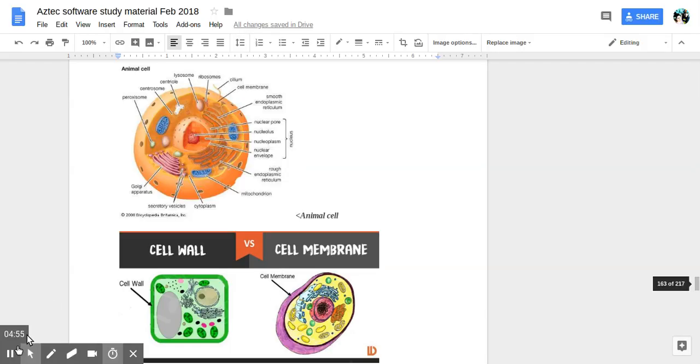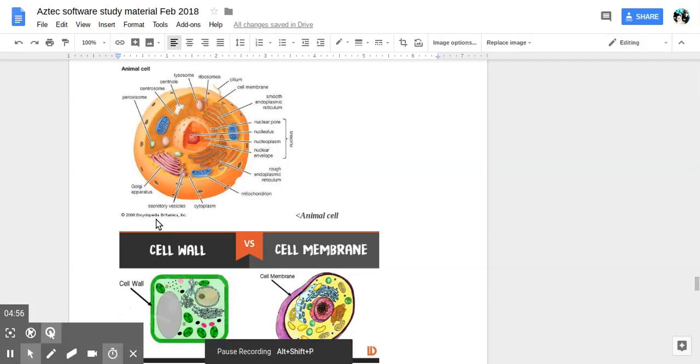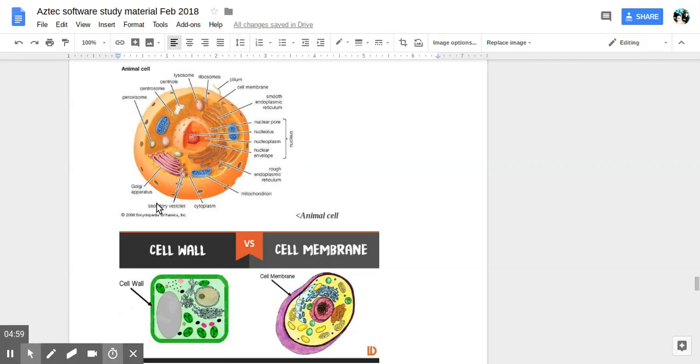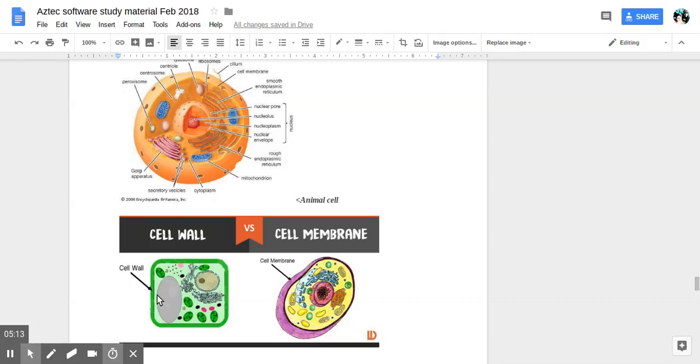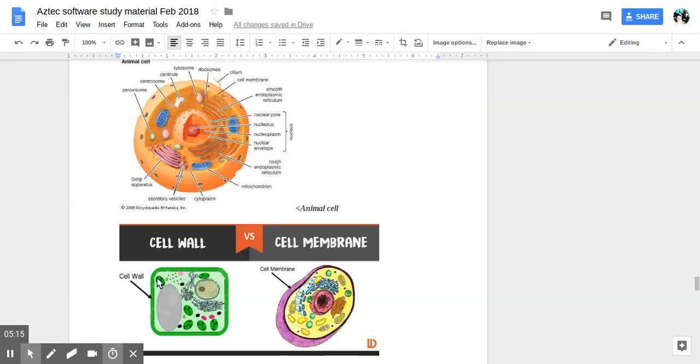Peroxisome. In this diagram, it's comparing the cell membrane to the cell wall of animal and plant cells, respectively. The cell wall is obviously rigid, while the cell membrane is not as rigid. It's more flexible.